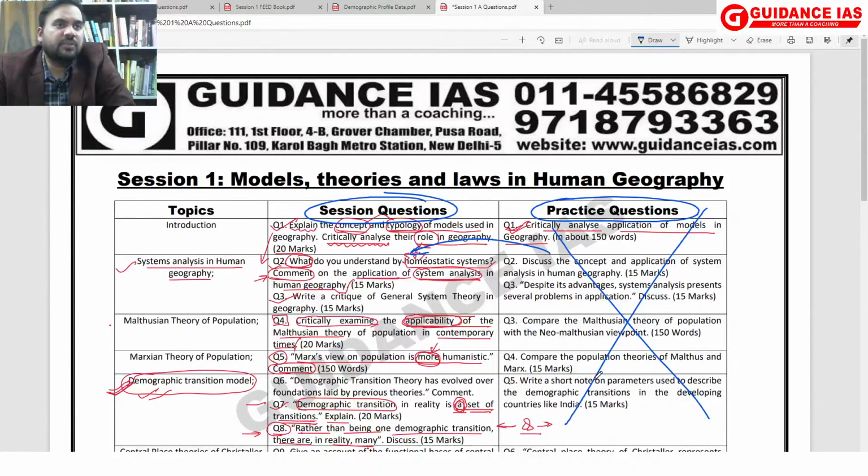In the process, you are unable to consolidate upon the session questions. Okay, so from now, I am eliminating these practice questions. I will be giving you some practice questions, but not like this, every day, like some kind of homework, which is to be done. Okay, I think the material has already been uploaded in the app.